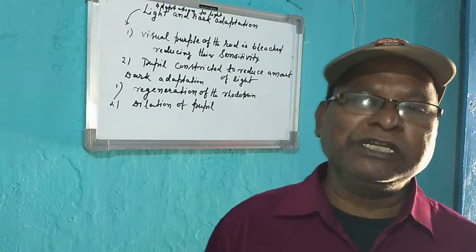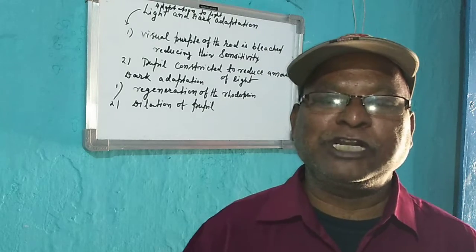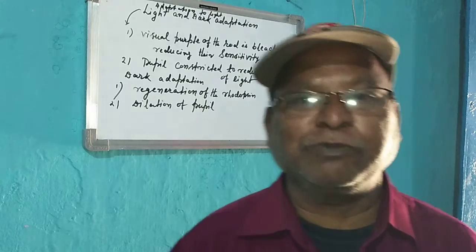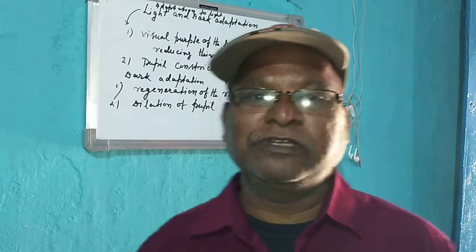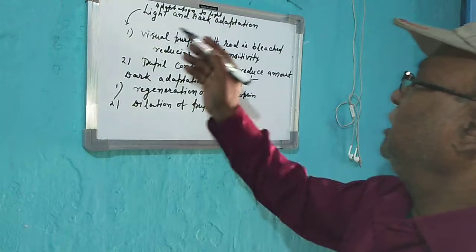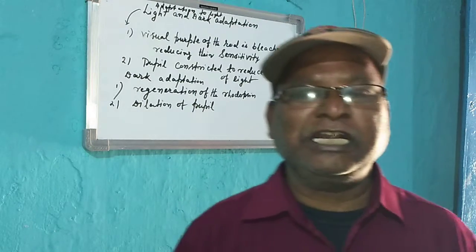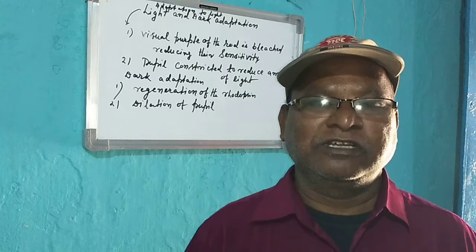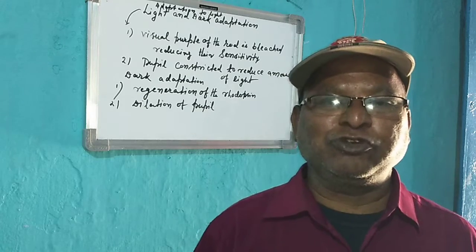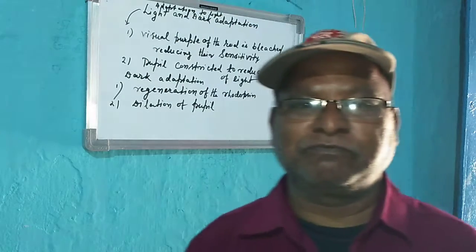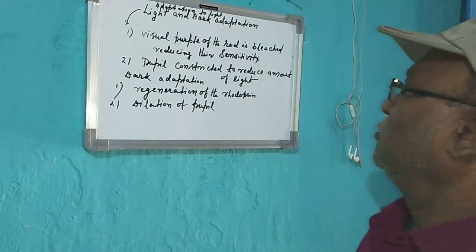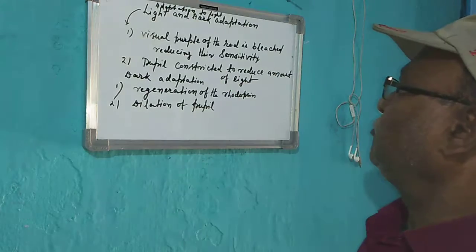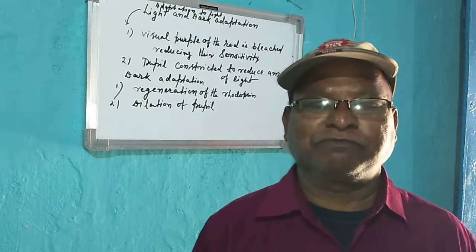It is of two types, light and dark adaptation. Light adaptation, that also is known as bright adaptation, and the second one is dark adaptation. So first you have to know about light adaptation.